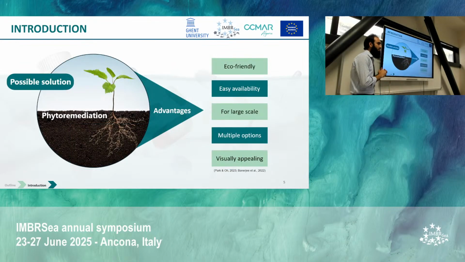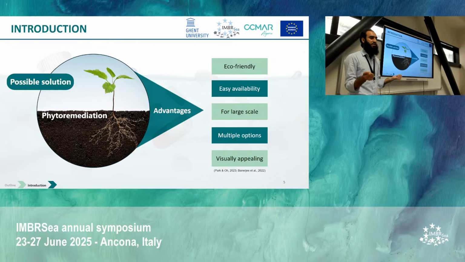Coming to the possible solutions, here we are focusing on nature-based solutions. Phytoremediation is the one in which we employ plants to degrade or treat contaminants. There are a few advantages of phytoremediation.